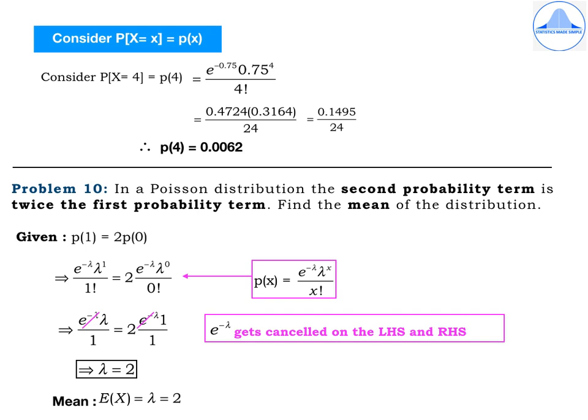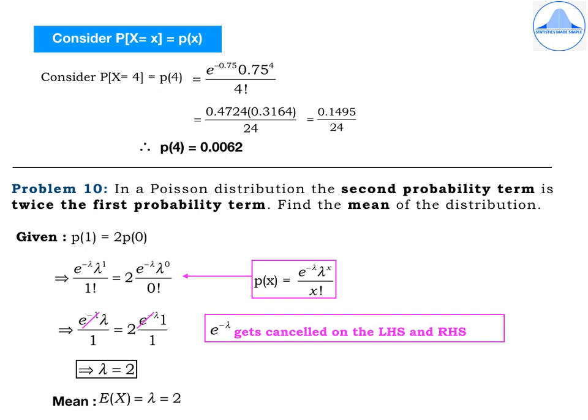Now e to the power minus lambda will get cancelled on both the left hand side and the right hand side of the equation. Then on the left hand side you have lambda to the power 1, which is nothing but lambda, and 1 factorial is 1. So on the left hand side you have lambda divided by 1 is equal to 2, lambda to the power 0 will be 1 and 0 factorial is also 1.